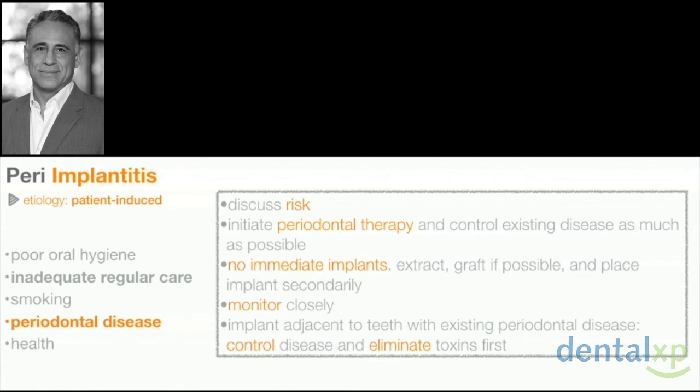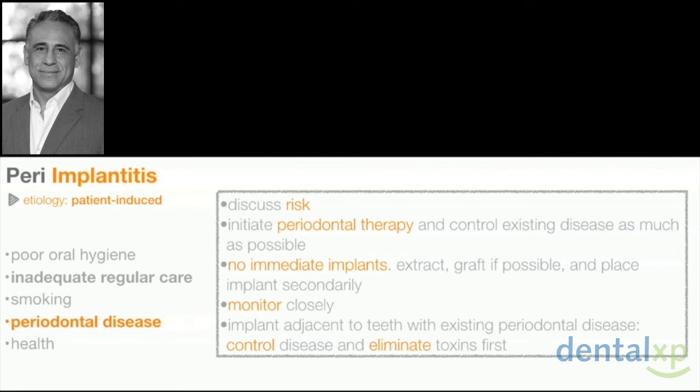Certainly, in my experience, it is a relative contraindication to place immediate implants. I'd rather extract the teeth, graft it if possible, and then place the implant secondarily into a site that has been treated and is void of any plaque and bacteria.